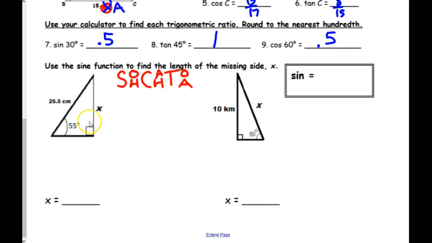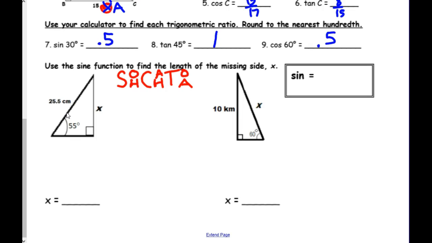Now, here's the deal. You need to label O, H, and A, just like we did, right? Guess what angle we're going to start at? 55. Does everyone see 55 is the only angle you know that's not 90? So I want you right now to label O, H, and A starting at 55, and then on the other one starting at 60. I'm going to give you 10 seconds.